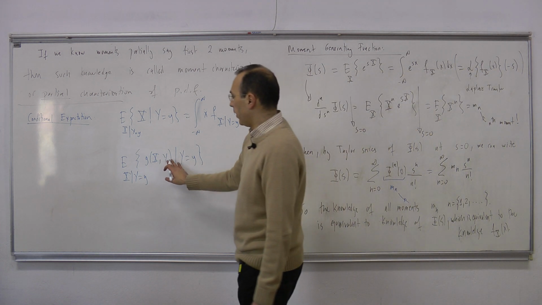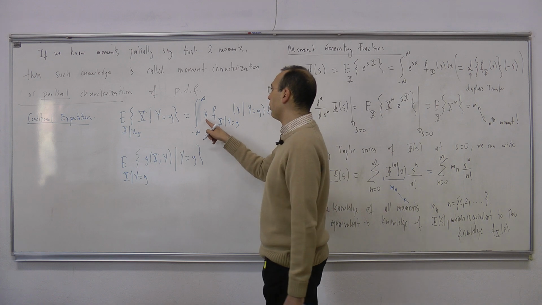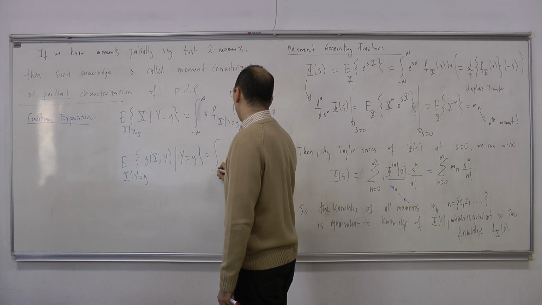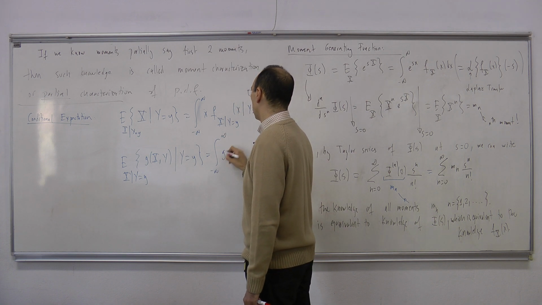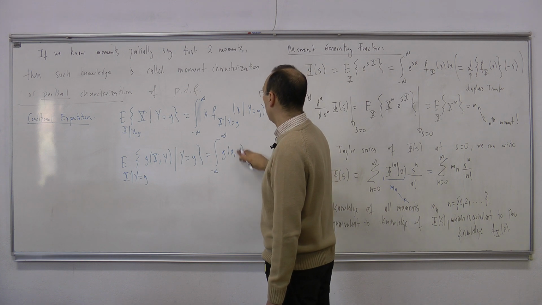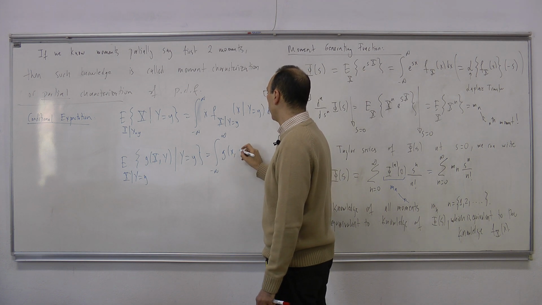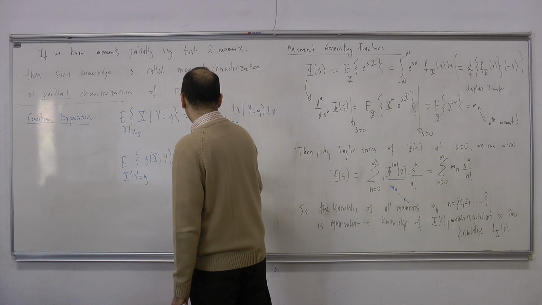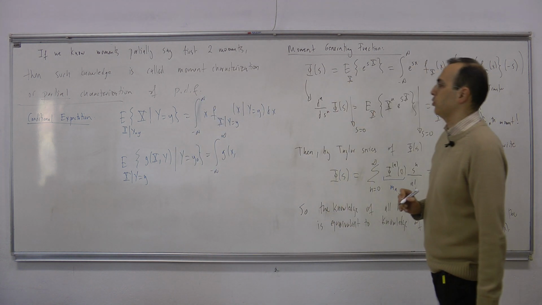So this is a function of x and y. So what should I do? Over here, I put a function of x and y. I should be a little careful, so let me put y naught just to show it.